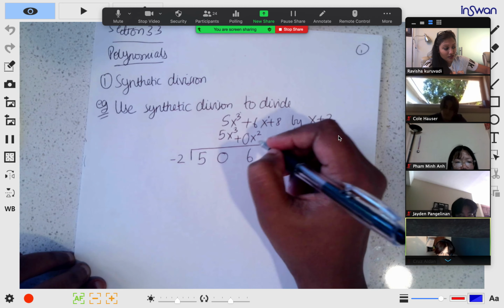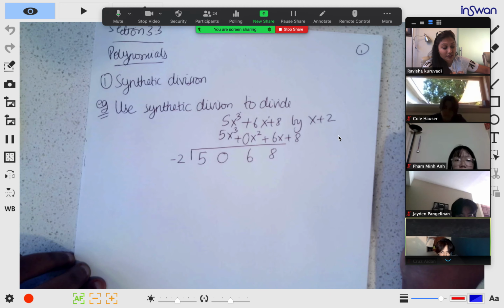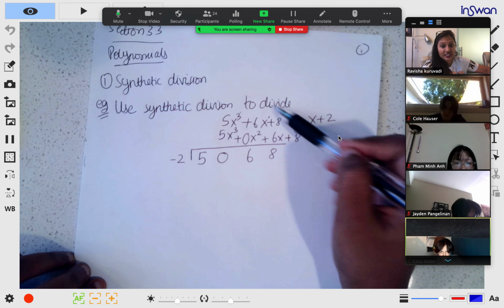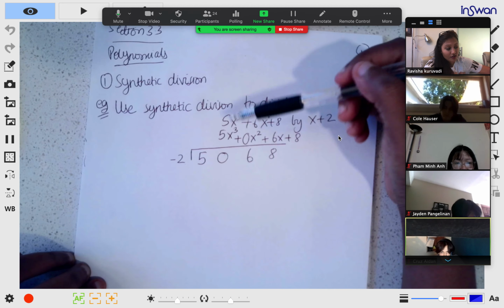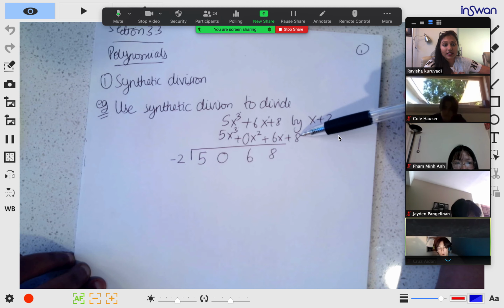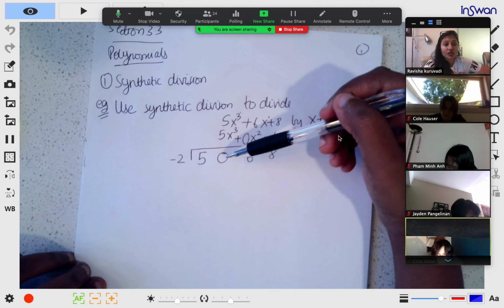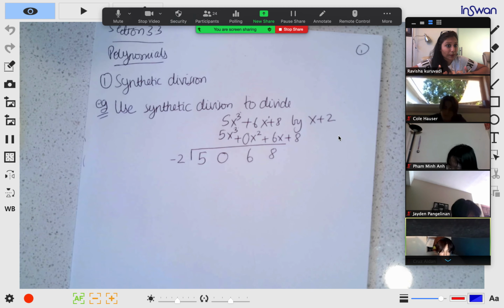Then comes x to the power of 1, then 8. If something is missing in the question, you replace it with 0 times that thing. But you start with the highest power, then 1 less, then 1 less, and then the constant. That's how you write it. Did you get it? Anyone who did not get it, I can explain another way.